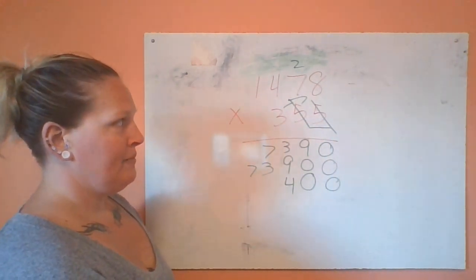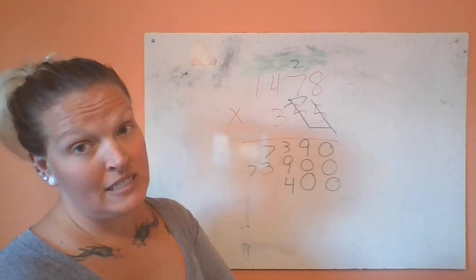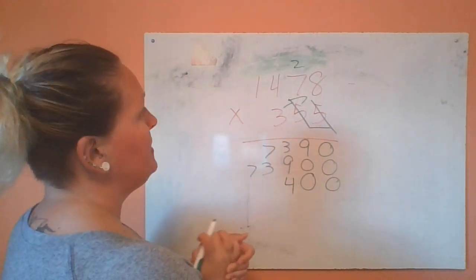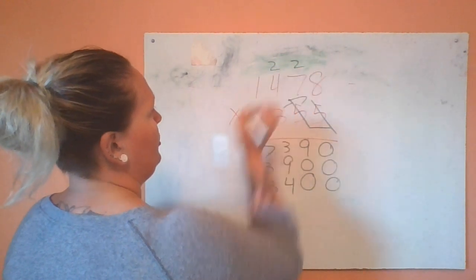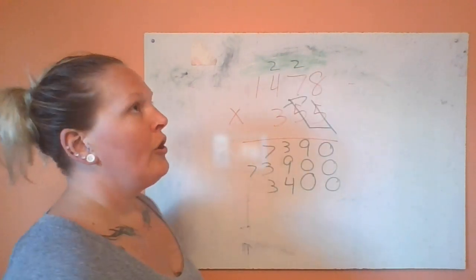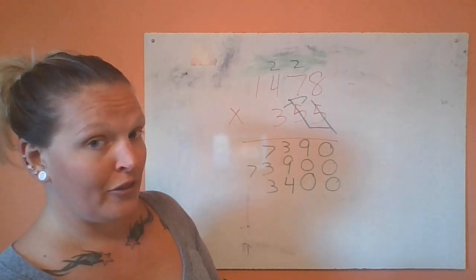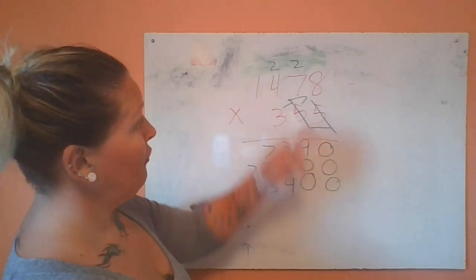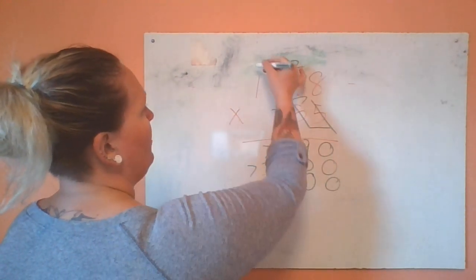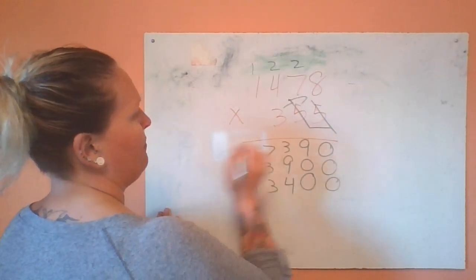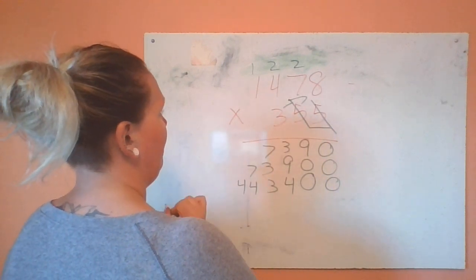So 3 times 7: 7 plus 7 is 14, plus another 7 is 21. 21 plus 2 is 23. Let's add our 2. 3 times 4: 3 plus 3 is 6, plus 6 is 9, plus another 3 is 12, but I have to add my 2, so here is 4. We have to add 1 because we were up to 12. Now 3 times 1 is 3, plus 1 is 4.